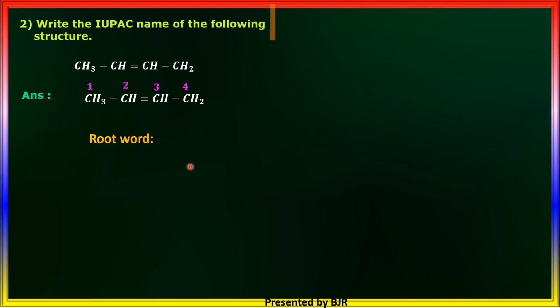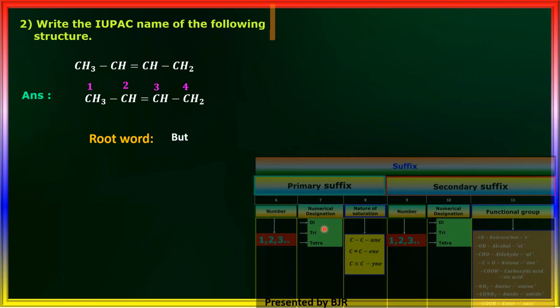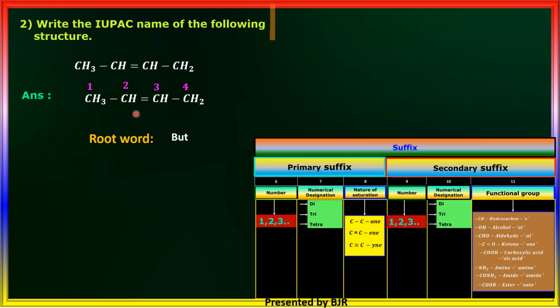Then what is the root word? How many carbon atoms are there in this chain? 4 carbon atoms are there. When 4 carbon atoms are there in the chain, the root word is but. Primary suffix, the nature of saturation: because the chain contains a double bond, the primary suffix is en.